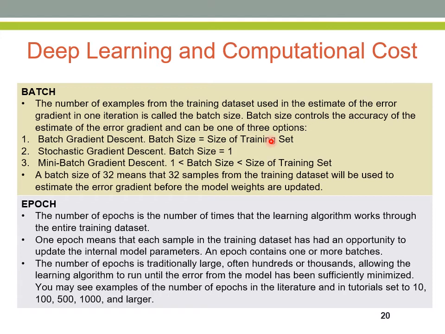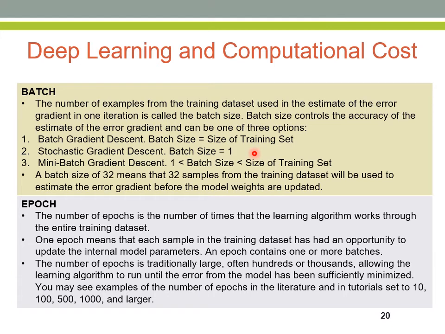Stochastic gradient descent is the opposite, where our batch size is 1, meaning that we process only one tuple in each iteration and update the weights after each tuple, as shown in our previous discussions of just a simple neural network.